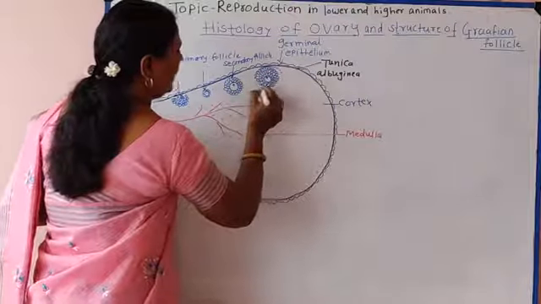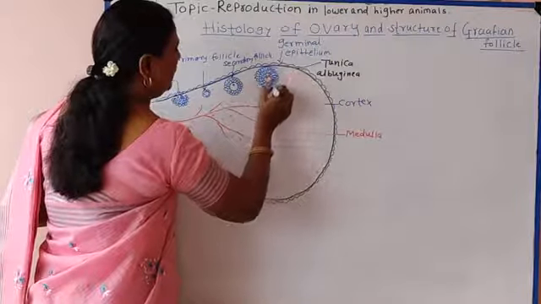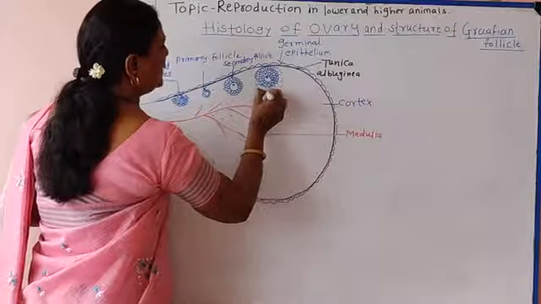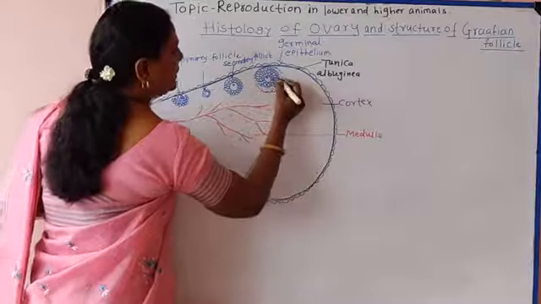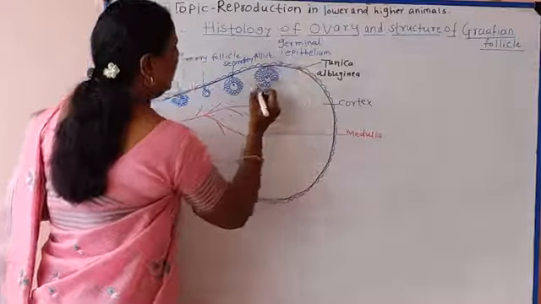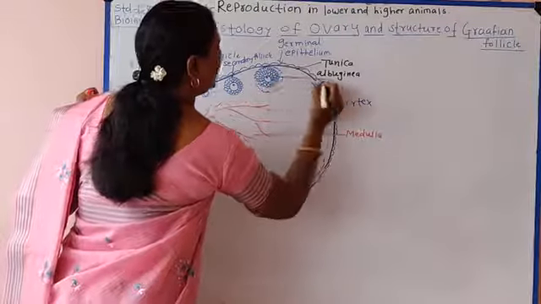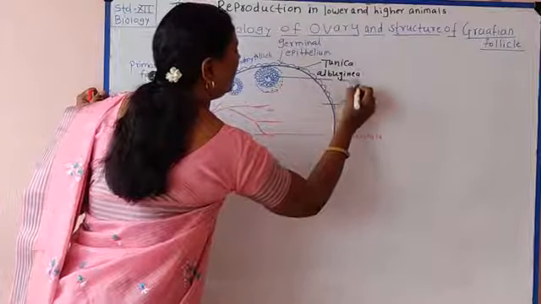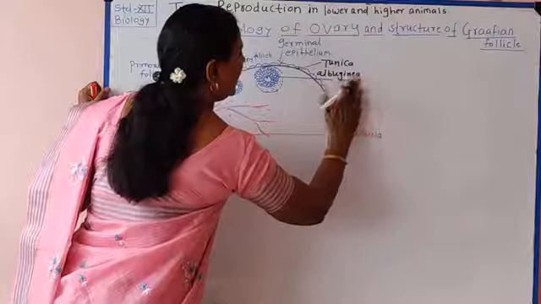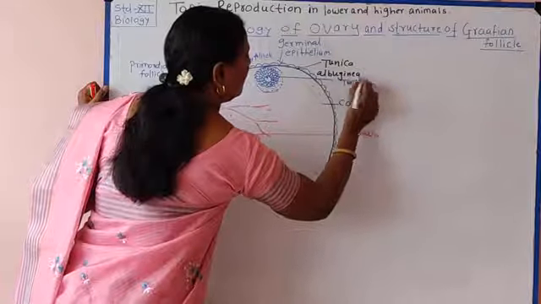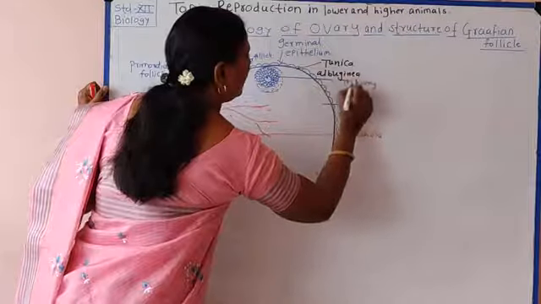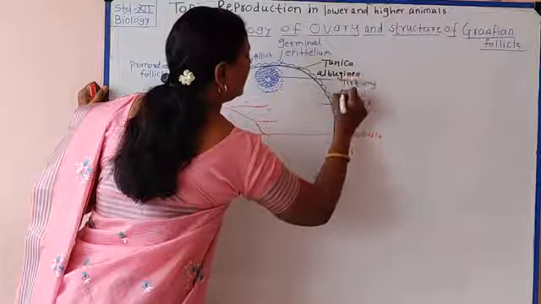One side there is antrum, that is the antral fluid which is present, and outermost layer is formed, and this is called as the tertiary follicle.